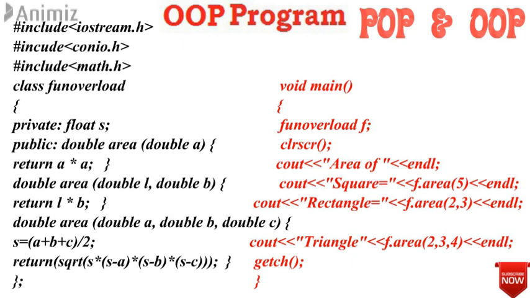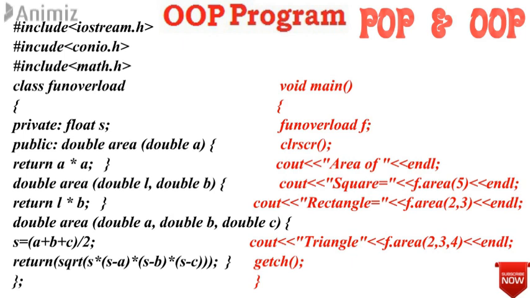Within the private access specifier, we are declaring float s, which is a simple variable. And within the public access specifier, we are declaring three member functions: area(double a), area(double l, double b), and area(double a, double b, double c). So these three are member functions with the same name.